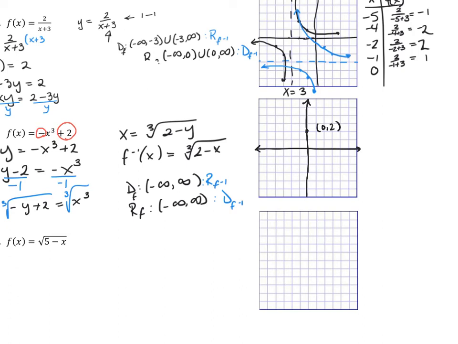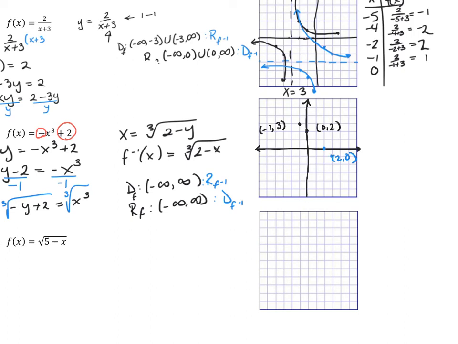That means my inverse will go through the point 2, 0. Domains become ranges, ranges become domains. It's also going to go through the point -1, 3. That means my inverse is going to go through 3, -1.